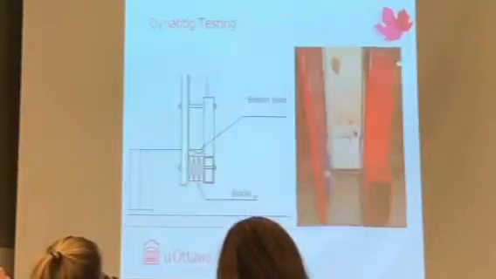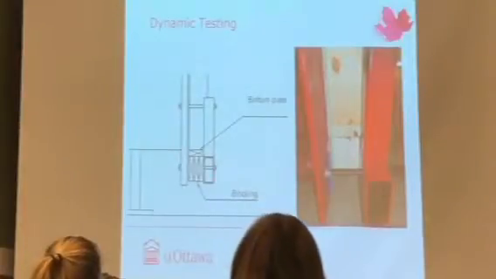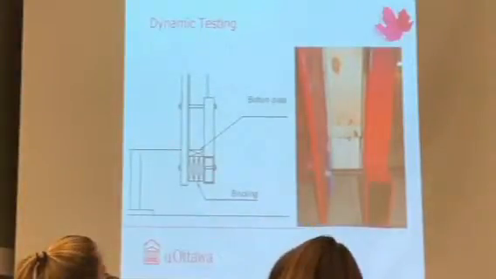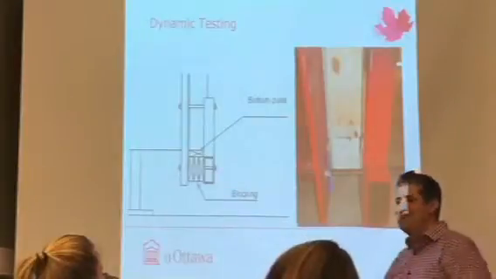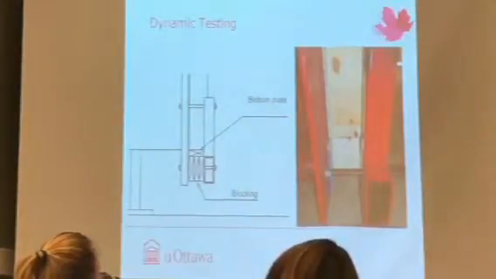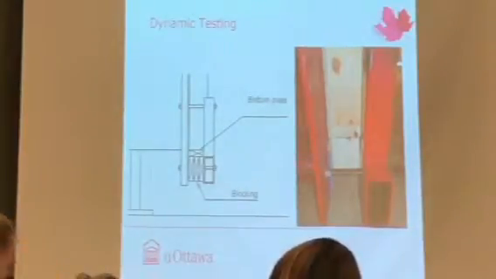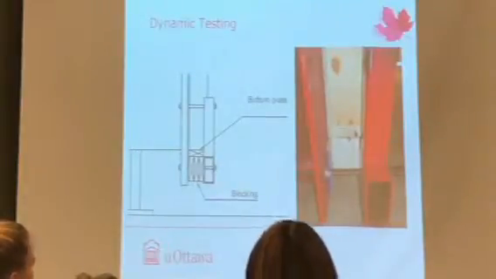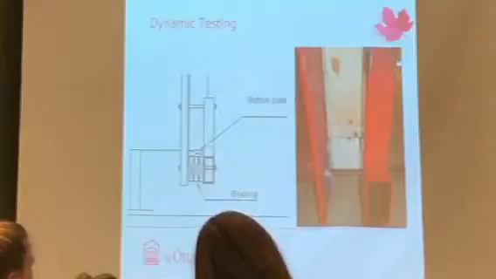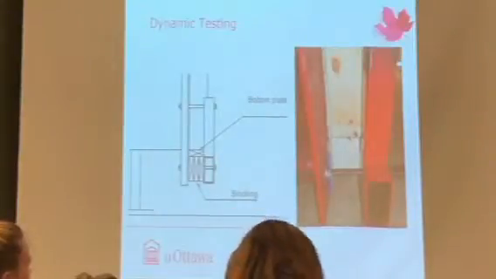So we looked at the effect of what if we use typical connections, even connections that are used in seismic design. If I have a stud here, how do I typically attach it to the bottom plate and to the top plate? From the bottom plate, I basically attach it with a nail.